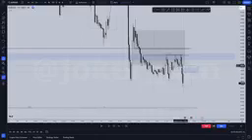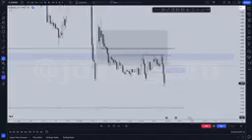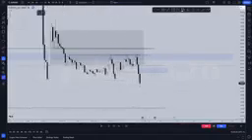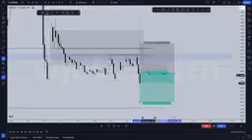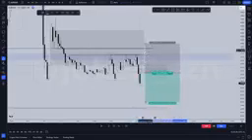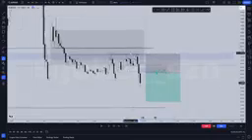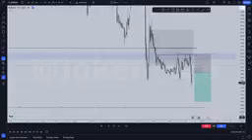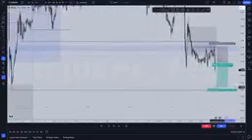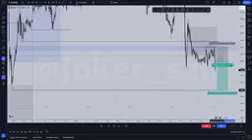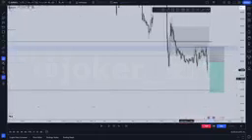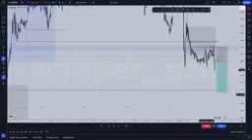So we have PD array alignment, inversion level, normal PD array, the M15 fair value gap, and now I will put my limits at the fair value gap low, and then I will put my stop above the pre-London session high, and then I will aim for the Friday lows, which is, if we TP right below it, a 2-hour trade, so it's inside of our rules.